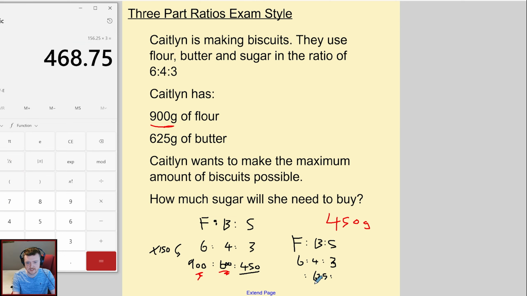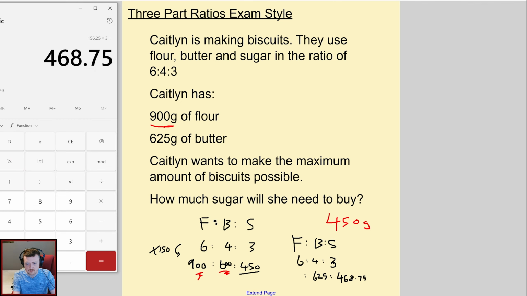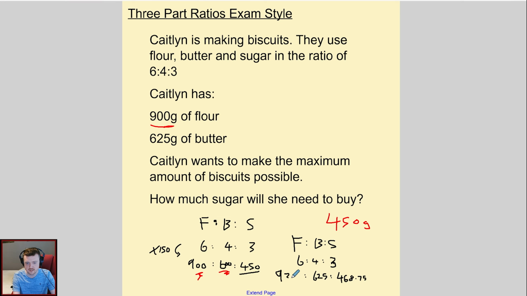So that'll be 468.75. You think, oh, okay, that looks like more, so maybe Joe's wrong. But if we do the same thing to the 6, because it has to stay in the same proportion, 6 times 156.25, we get 937.5, which clearly is too much because I've only got 900. So this 937.5 can't work because I haven't got enough flour.